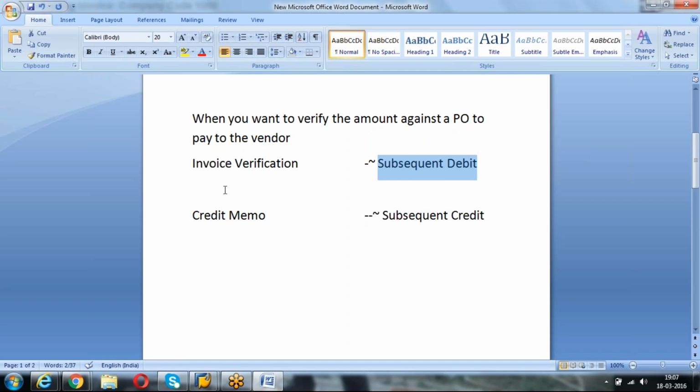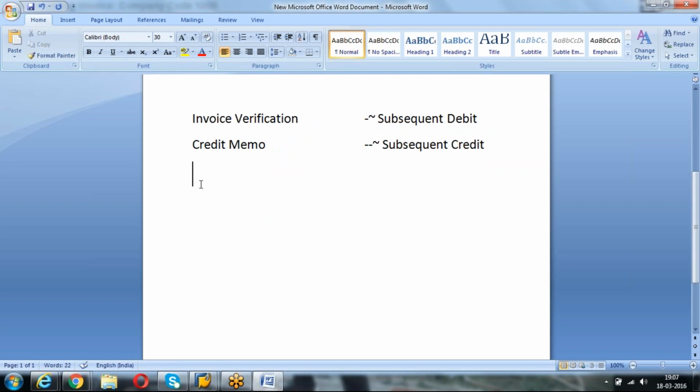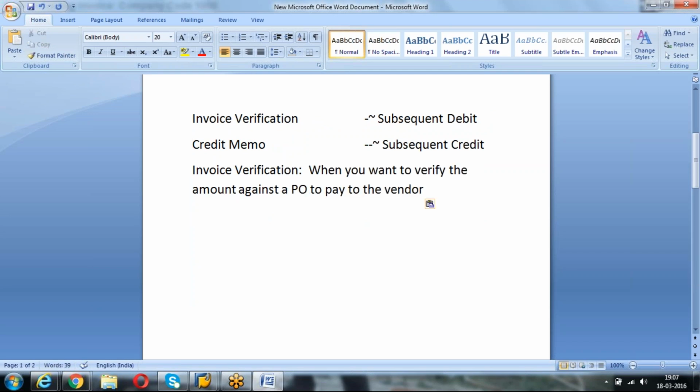Just to give you an outline: against PO, as I told you directly, you received goods from the vendor, you verified the invoice given by the vendor to pay the amount.